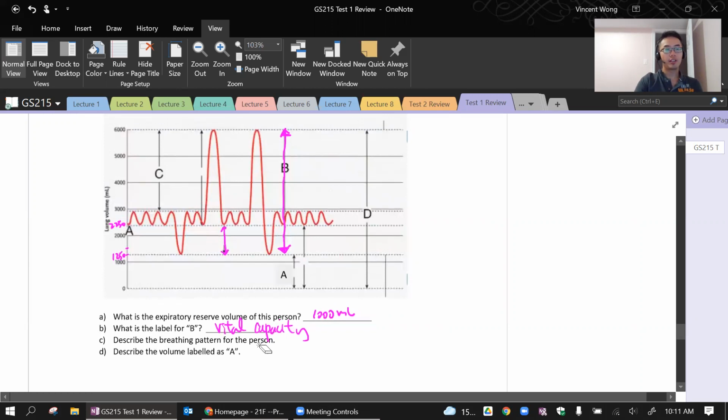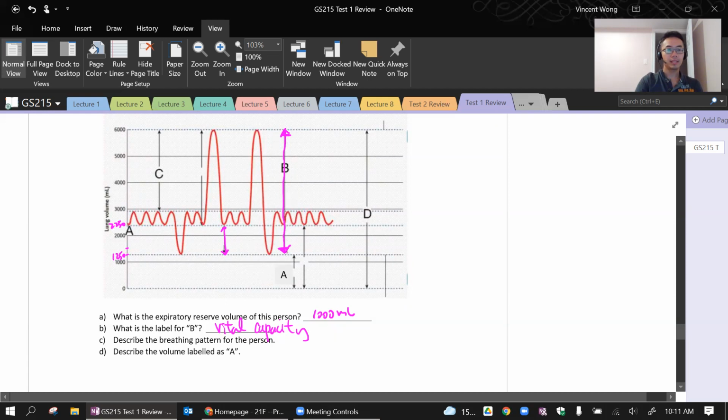Okay, describe the breathing pattern for a person. Right? So this is just regular breathing in and out. Okay, and then the person exhales as much as they could, and then goes back up to normal. And then they inhale as much as they could, and then exhale again. Right? And then once again, inhale as much as they could, and then exhale all the way until they can't do it anymore, and then back to normal breathing.